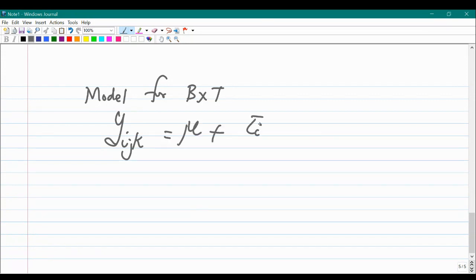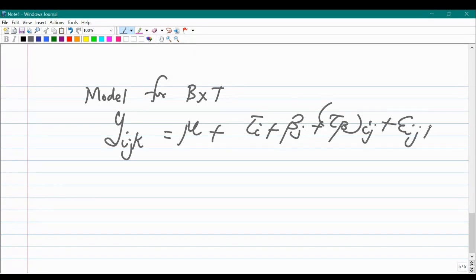This is the population mean. I goes with what in this case? With the treatment, right? Because you attach the I to the treatment. So if I goes with the treatment, J will go with the block. It's not always the case. And then K will go with the replications, isn't it?